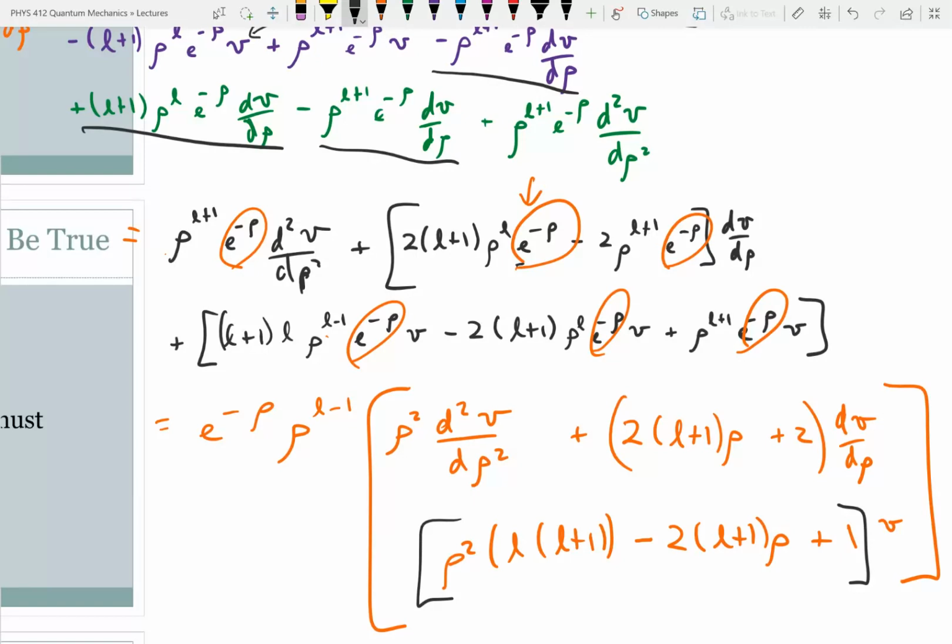You're saying this term? No, sorry, the next term by the first derivative, 2L plus 1. Well, actually the 2, it's the regular 2. There should be a rho squared there, right? Oh, yes, yes. You're right.